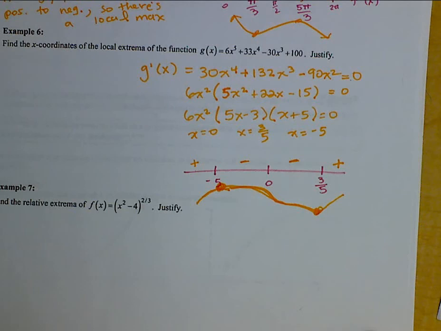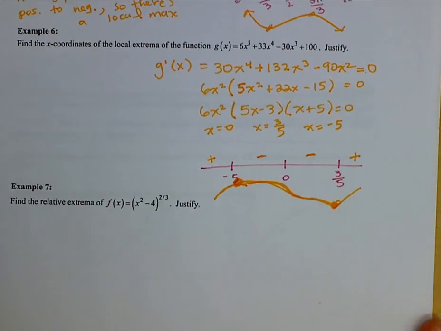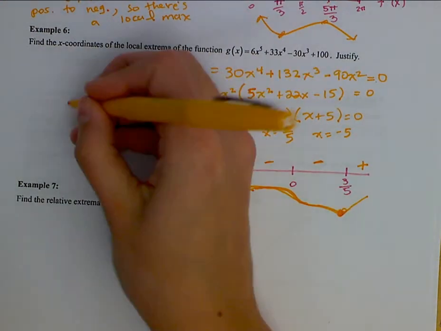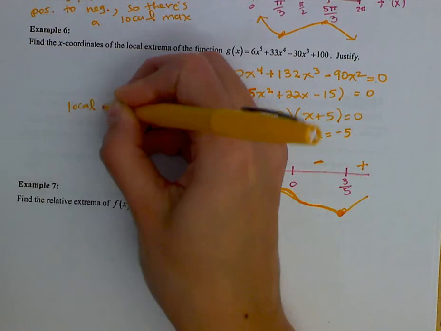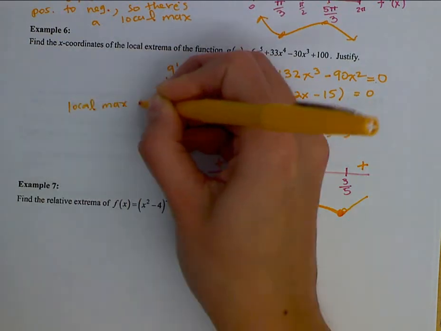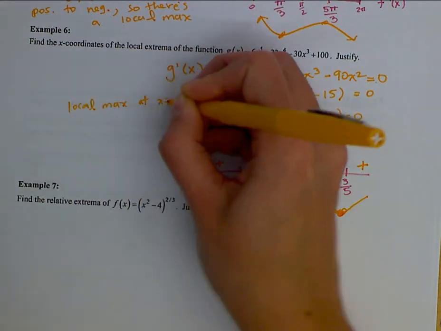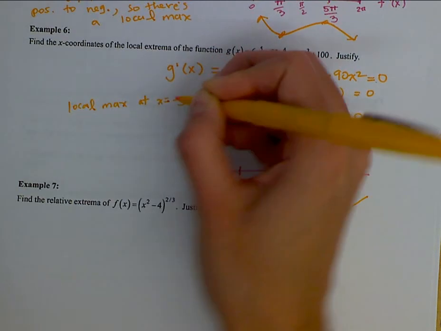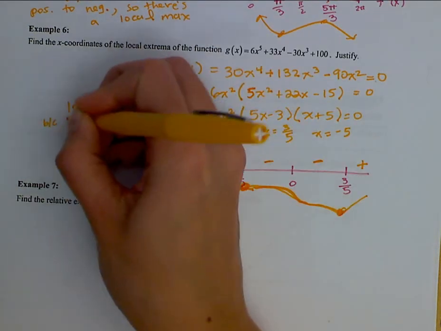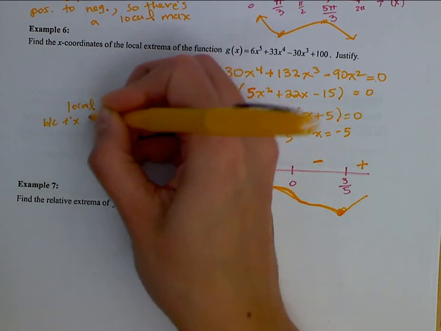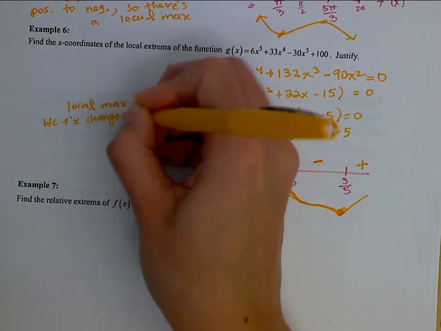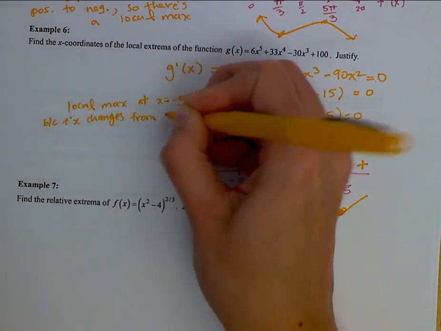Okay, so to summarize this, you could say there's a local maximum at x equals negative 5 because f prime of x changes from positive to negative.